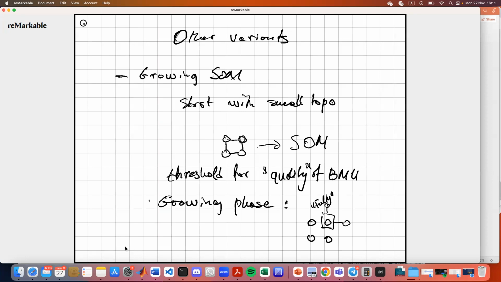After training is finished, this square node starts to weakly attract input, and then you say we need to grow a new structure, a new SOM. For this, you aggregate weights from the neighboring nodes.